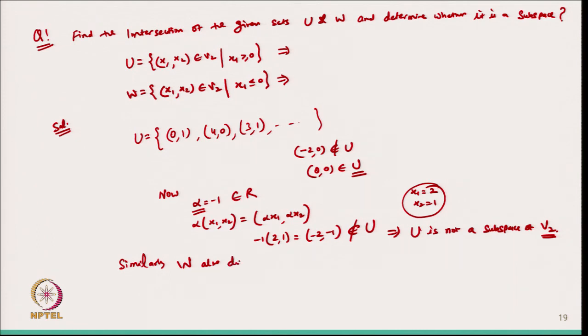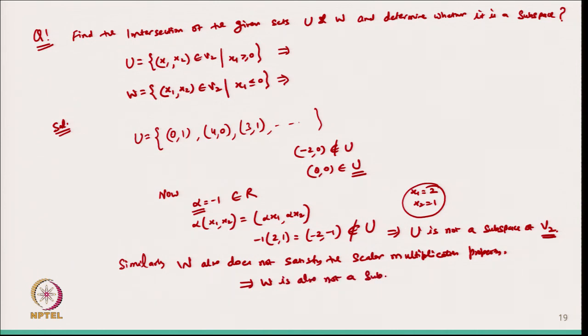It also does not satisfy the scalar multiplication property, which implies that W is also not a subspace of V2.